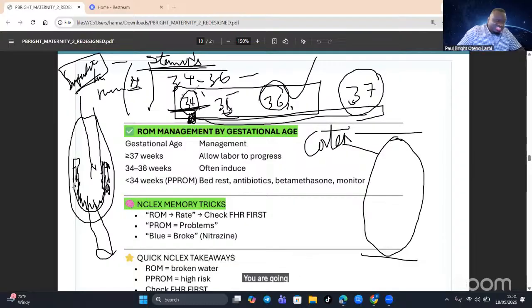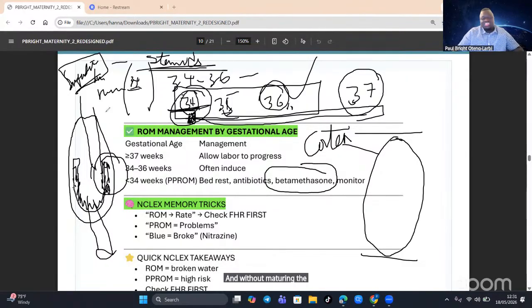If you deliver this baby at 34 weeks without giving steroids and without maturing the surfactant, be ready to help the patient with oxygen.